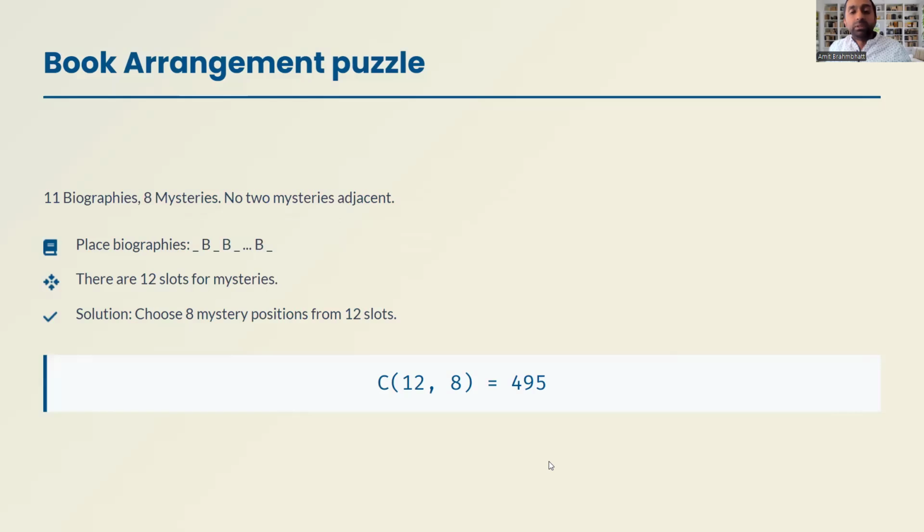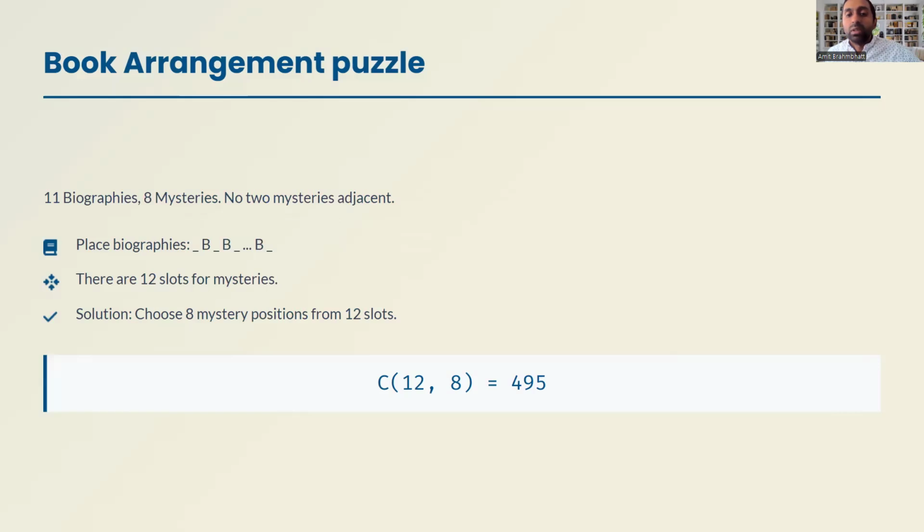Book arrangement puzzle. Let's tackle this classic advanced puzzle. You have 11 biography books and 8 mystery books, and you want to arrange them on a shelf such that no 2 mystery books are adjacent. To solve this, first we place the 11 biographies, creating 12 available slots, including the ends, where mysteries can be safely placed.